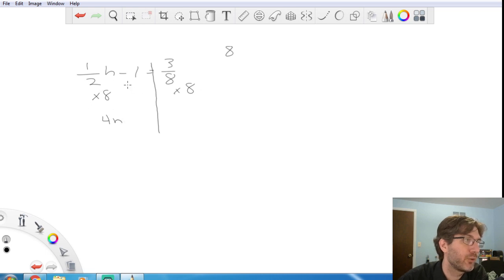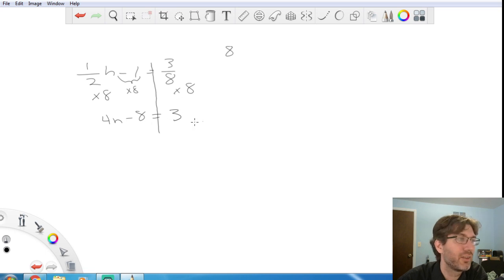And I also have to multiply this term by 8 as well. So be careful with that. So that -1 gets multiplied by 8 as well, which is just going to be a -8. And then the 3/8 is going to be multiplied by 8, and that's going to cancel out your denominator and leave you with a 3.